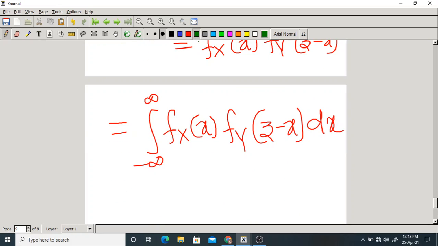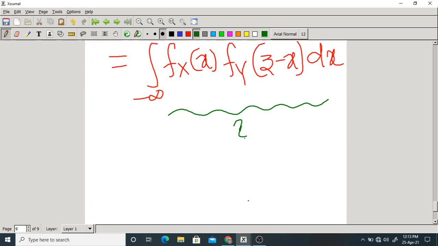Now can anybody tell me what this is? That is the question. Think of it. What is that exactly? If you remember, suppose y of t equals x of t convolution h of t.